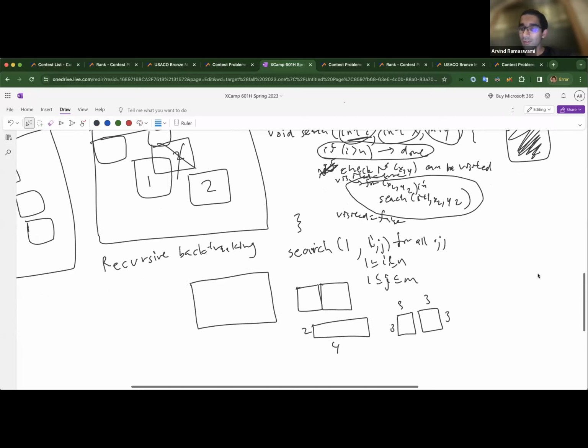Would all questions have standard in and standard out as input and output, even for silver and gold level? I think in general, yes. At least for today's bronze and silver contest, they're standard in and out.